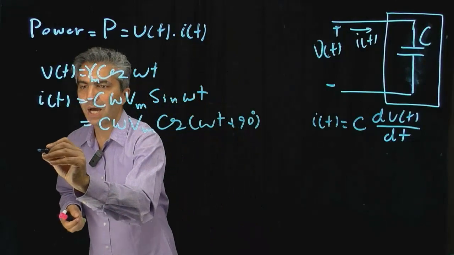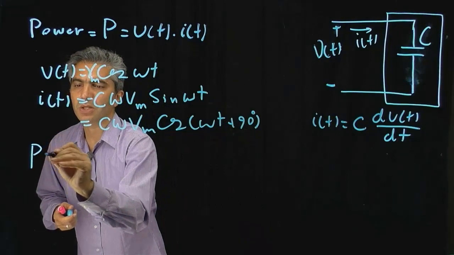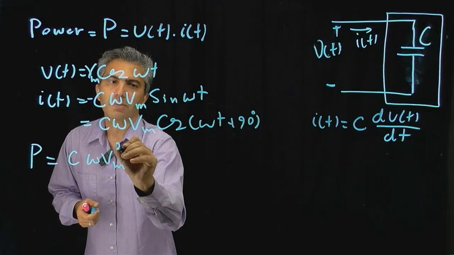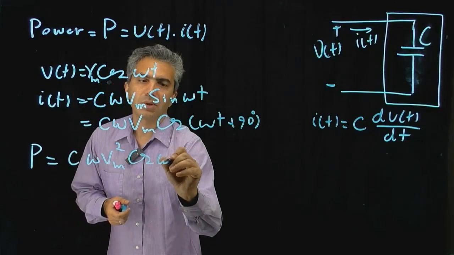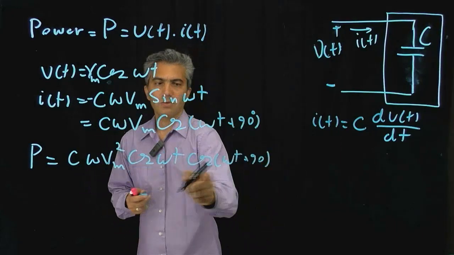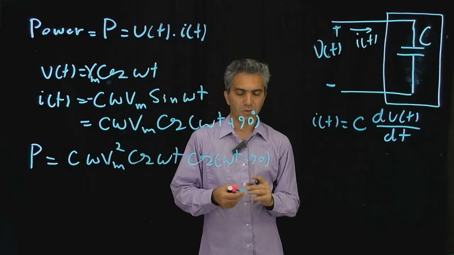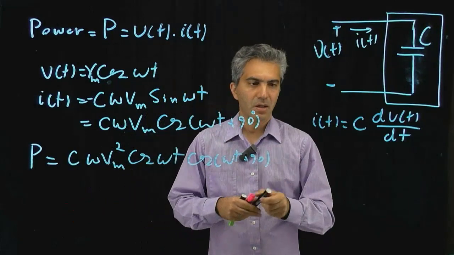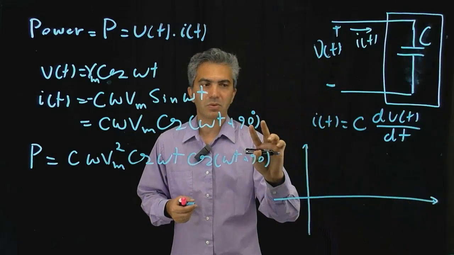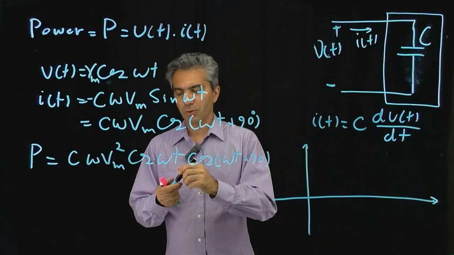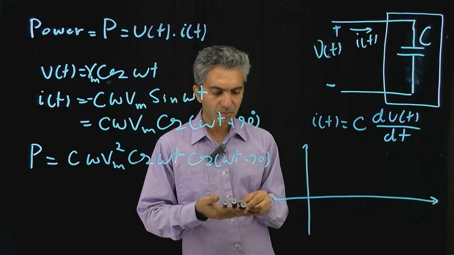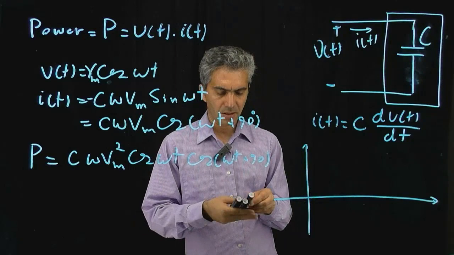But in terms of the power, again, if you multiply the two by each other, P becomes C omega Vm squared cosine of omega t cosine of omega t plus 90 degrees. So we are back in the same situation. In other words, if I draw the same plots, all I need to do is switch what was voltage and what was current from what we drew for the case of the inductor.